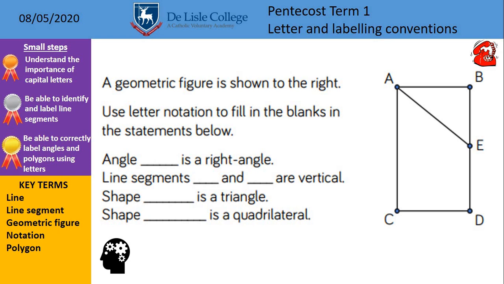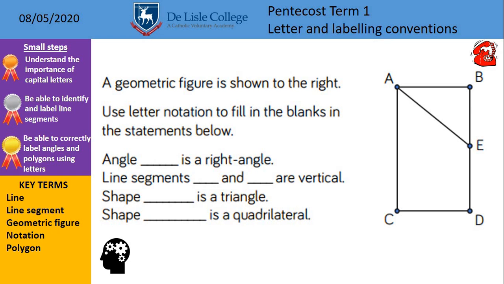There's quite a few on there. Now, vertical line segments would be AC, or you could refer to that as CA, and then also BD, or refer to that one as DB.